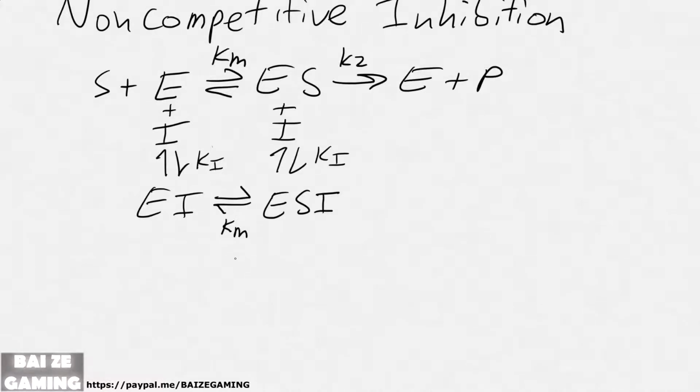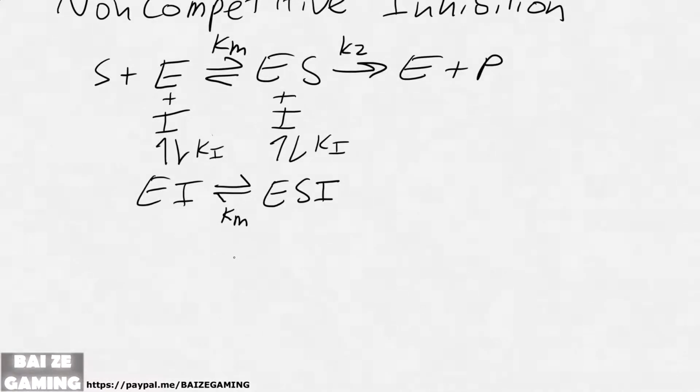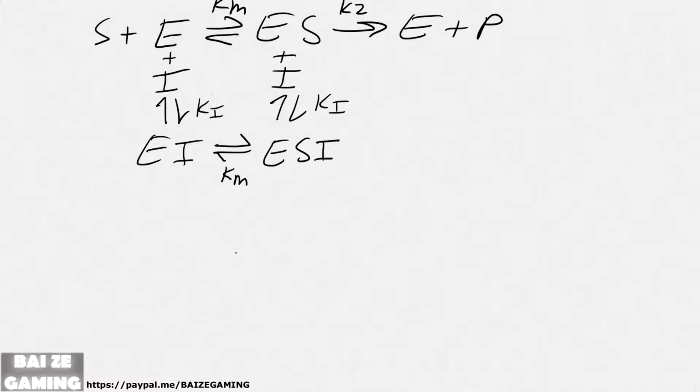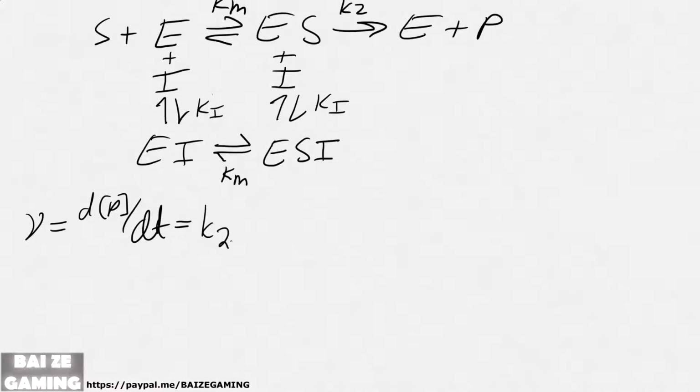So let's solve this, and let's find what the product formation rate is, and you'll see that again it's all the same as before. We can use the fast equilibrium assumption. Let's first start off with the product formation rate. It's the same as before, very easy in this case, just K2 times the ES complex concentration.